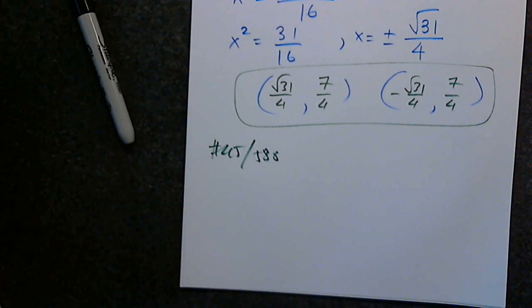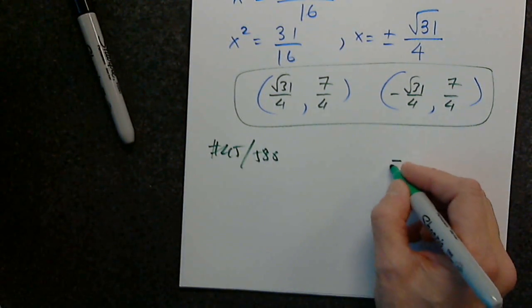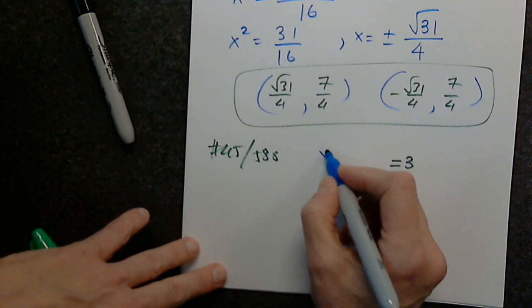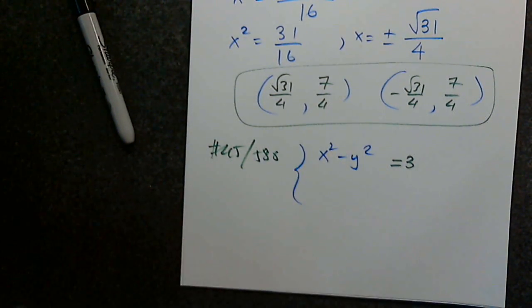So let's read the problem. The difference between the squares of 2 numbers is 3. Perfect. Next, twice the square of the first number.